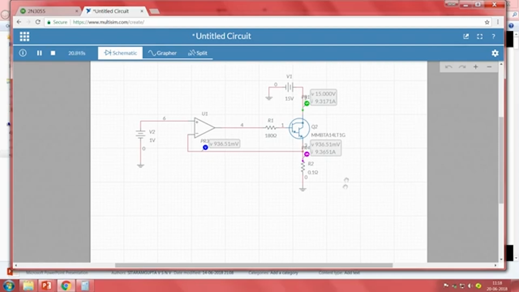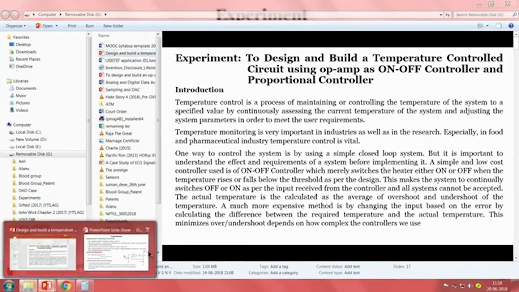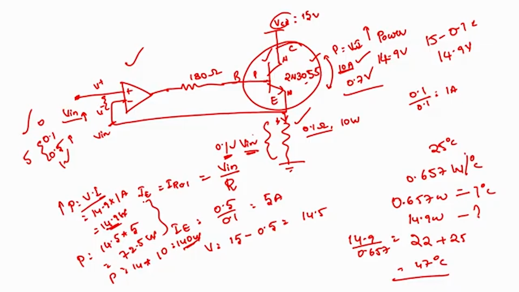Now, what is the importance of having a 10 watt resistor? When we recall our simulation, we have mentioned 10 watt. Why? The reason is the maximum current flow we are using is 10 amps, right. The voltage drop is 1.